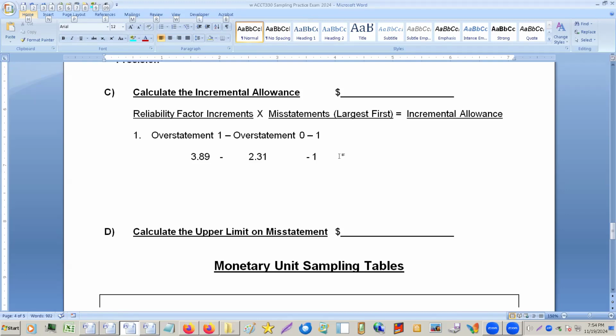So this will be our factor. And yes, there should be a table for this, but you'll never see one. It's 1.58.